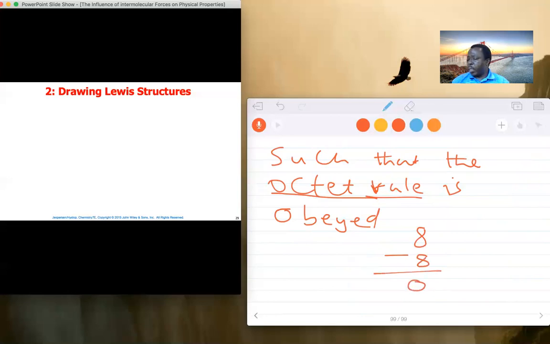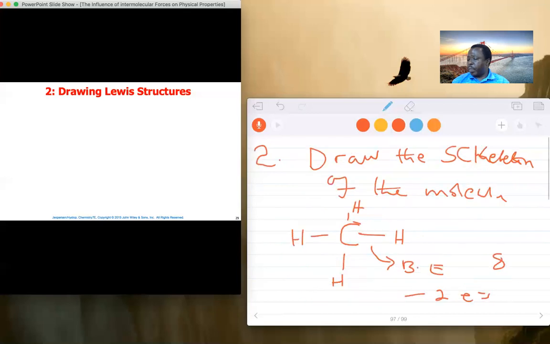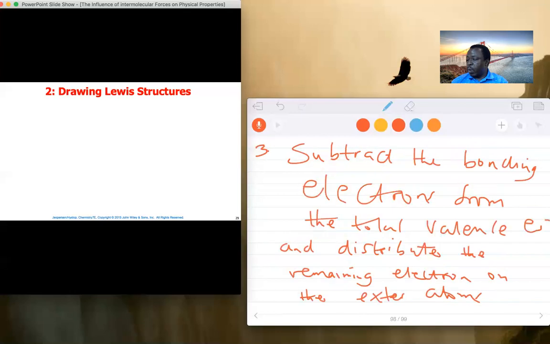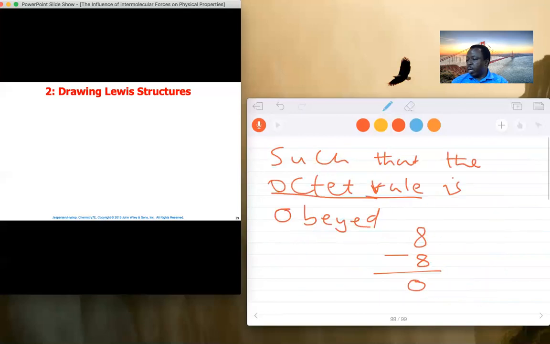I don't have anything to give to hydrogen. For other external atoms, they should end up with 8. But hydrogen is the exception: you don't keep hydrogen electrons.